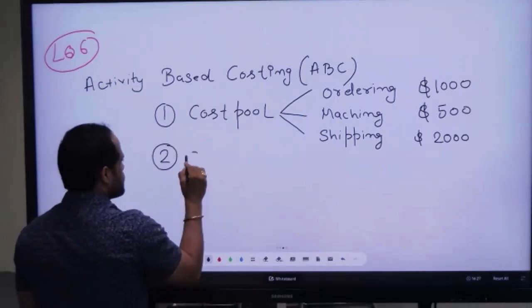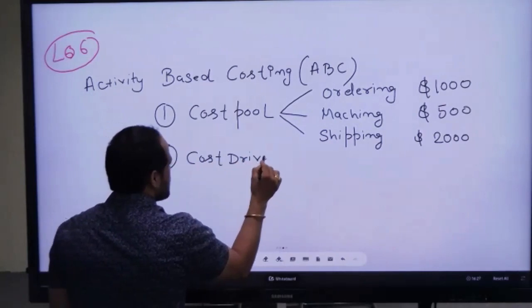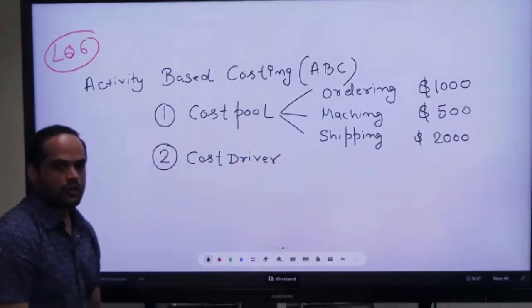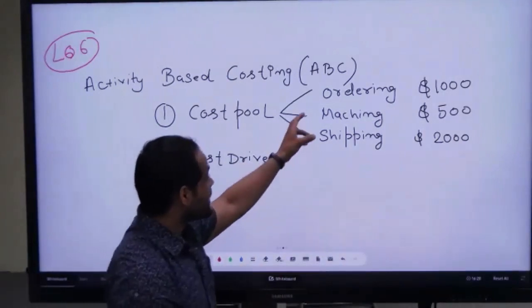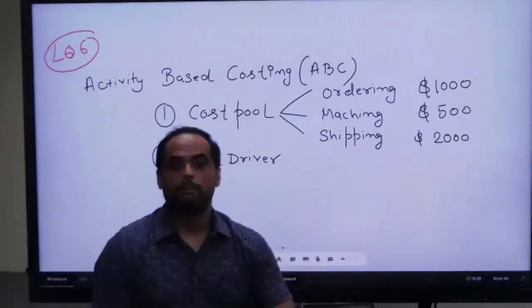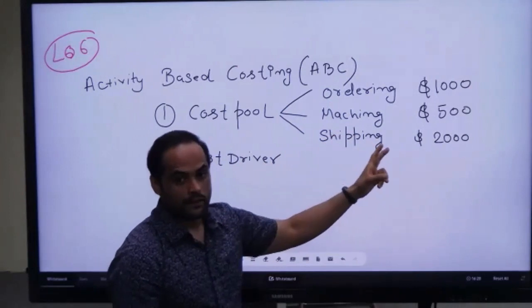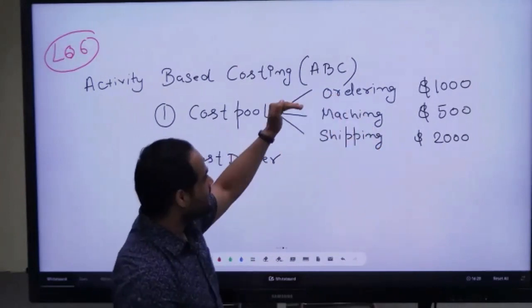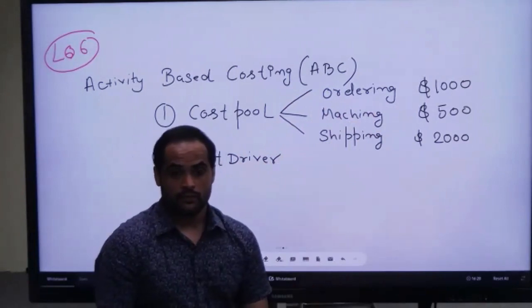Step 2 is cost driver. Cost driver means any kind of action or event that increases or decreases that particular cost. In other words, the base of this cost pool. What are the reasons behind this cost pool? Like ordering, all right?